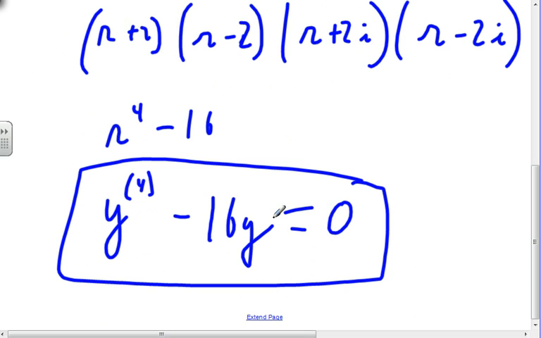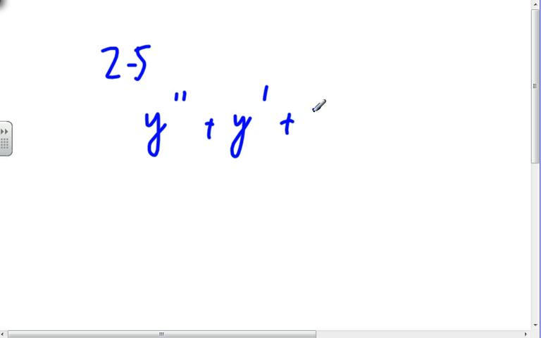Okay, good enough? Moving on to section 2-5. In 2-5, what we do is we end up having a forcing function. So we have y double prime plus y prime plus y is equal to some forcing function.